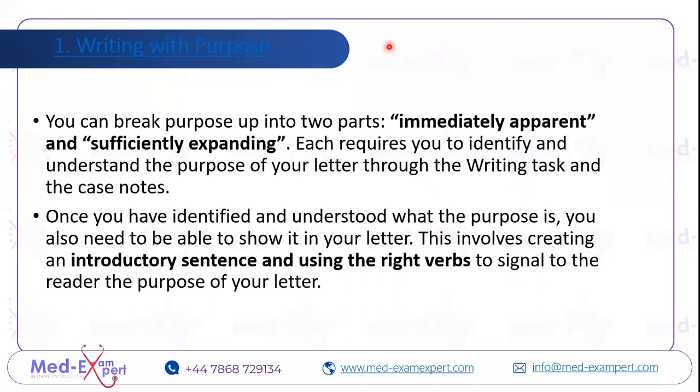It should be very clearly written that you're writing, for example, to discharge Mr. So and so. That is immediately apparent that I'm writing a discharge letter. And sufficiently expanding means he requires your further management and ongoing care. That will be sufficiently expanding.